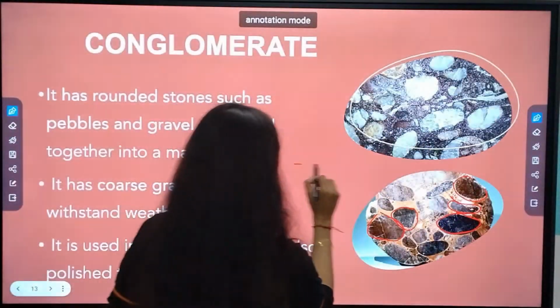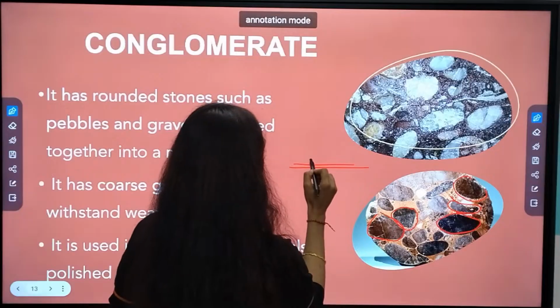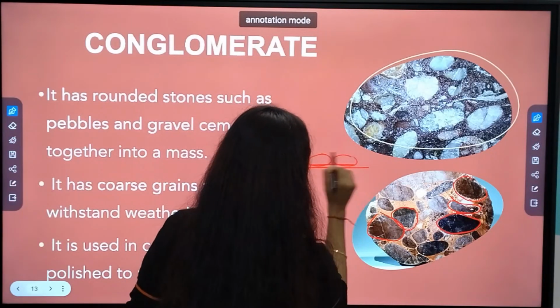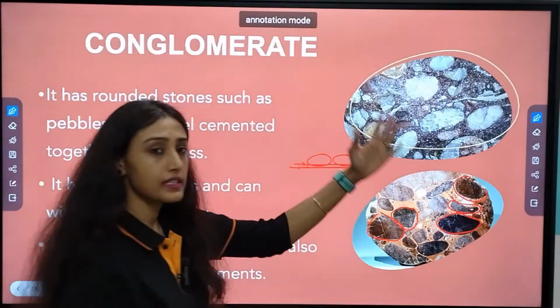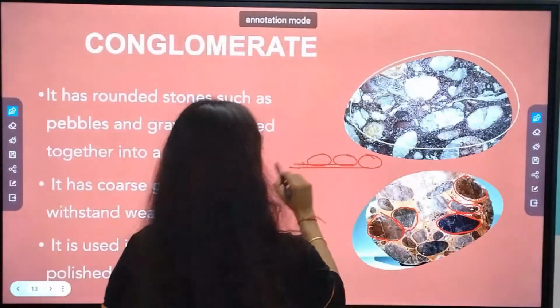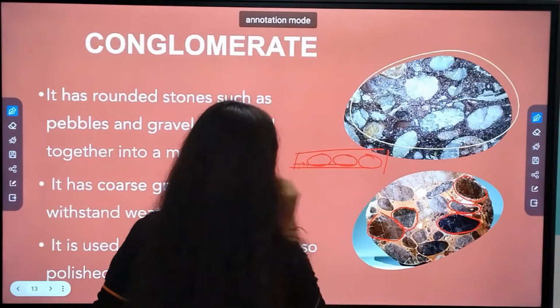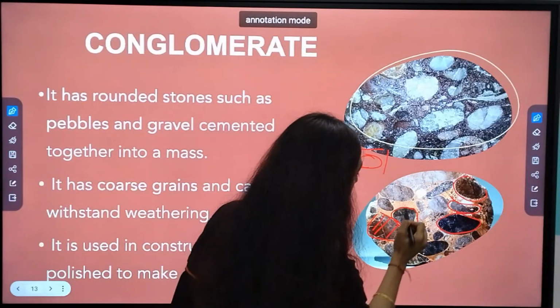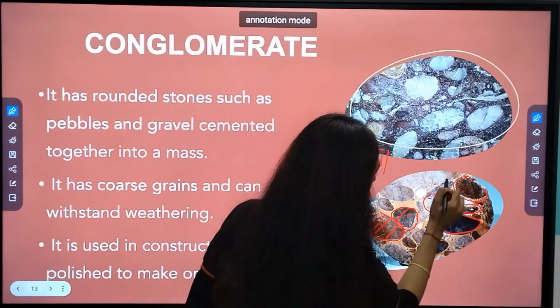Because during the process of sedimentation, not only the sand particles but bigger stones also get deposited in a place over time. And when they are under pressure, they form a layer, and if you cut this layer, that is why you find small pebbles in this rock.